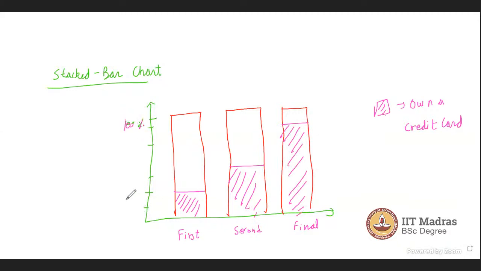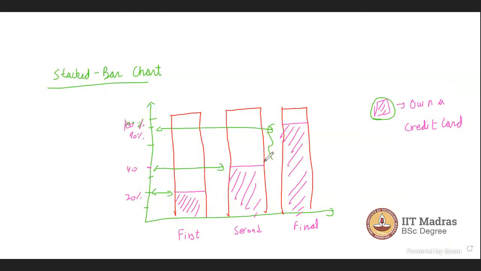Let's say this is 20%, this is 40%, 90%. So you can see in first year only 20% own a credit card, in second year 40%, and in third year 90%.